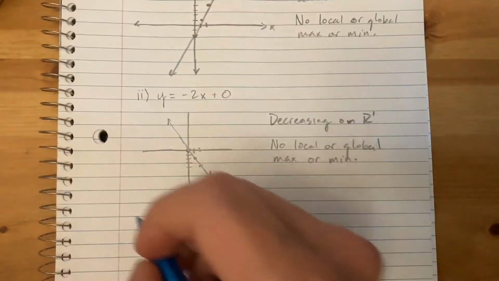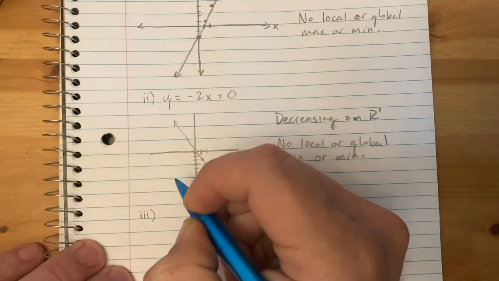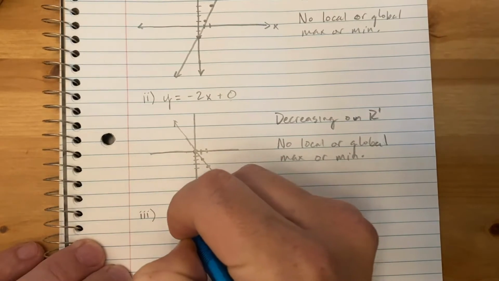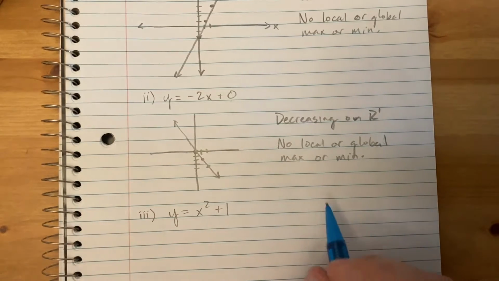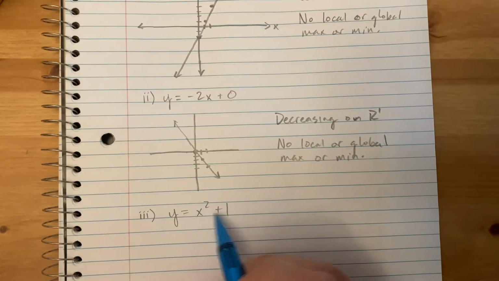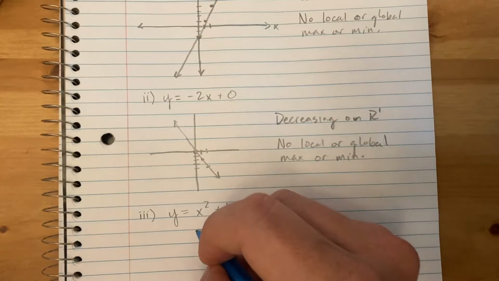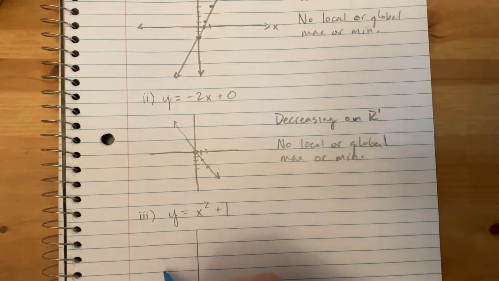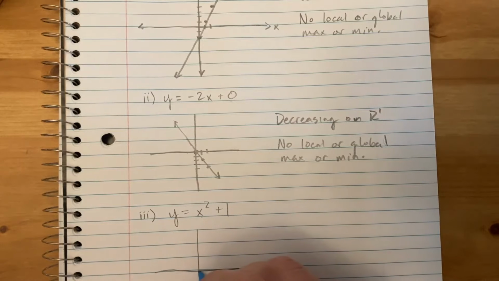All right, the third equation is y equals x squared plus 1. Now I know that this is the graph of a parabola with y-intercept equal to 1. But I'll go ahead and just pick a few points to illustrate. So when x is 0, y is 1.